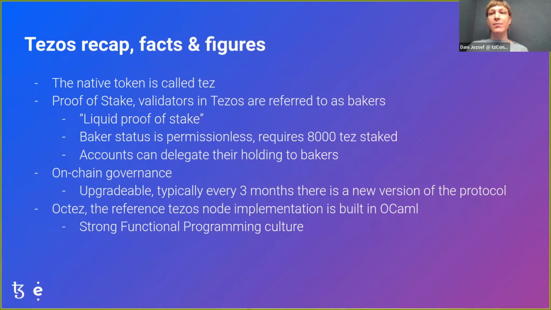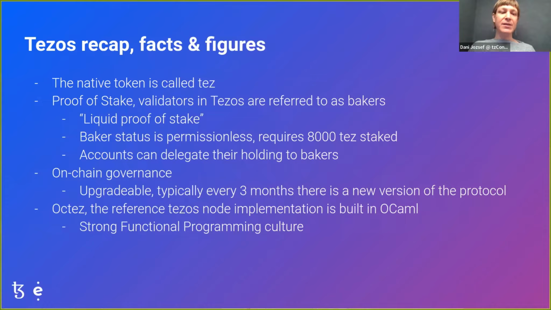But you need to hold at least 8,000 Tez in order to stake, which is a few tens of thousands of dollars at current valuation. And people who do not have that amount of Tez, or just do not want to validate, because validating means you need to run a computer 24/7 that needs to be reliably connected to the chain, can delegate their holdings to bakers and earn some sort of income from that.